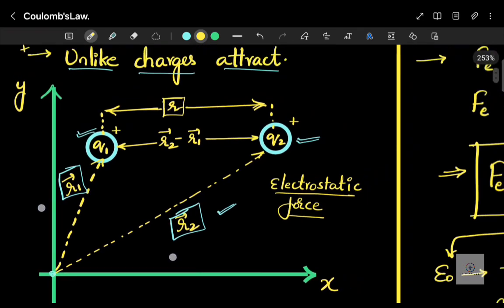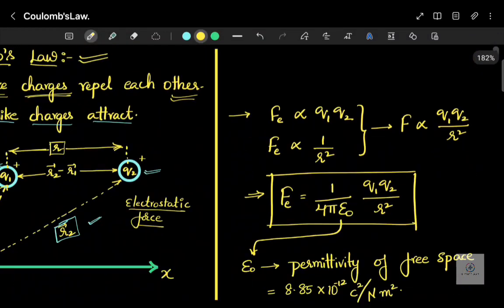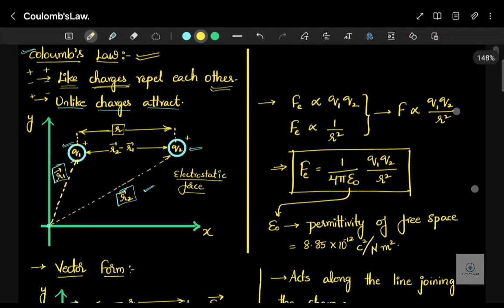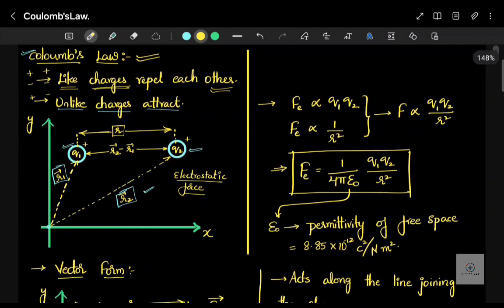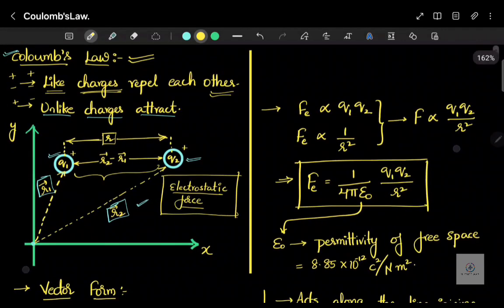Here comes the Coulomb's law statement. Between these two charges there will be a force of interaction, which is called the electrostatic force. What is the magnitude of that electrostatic force?